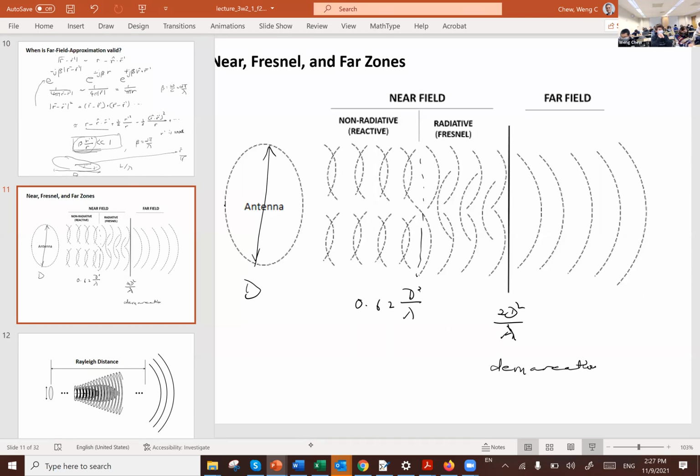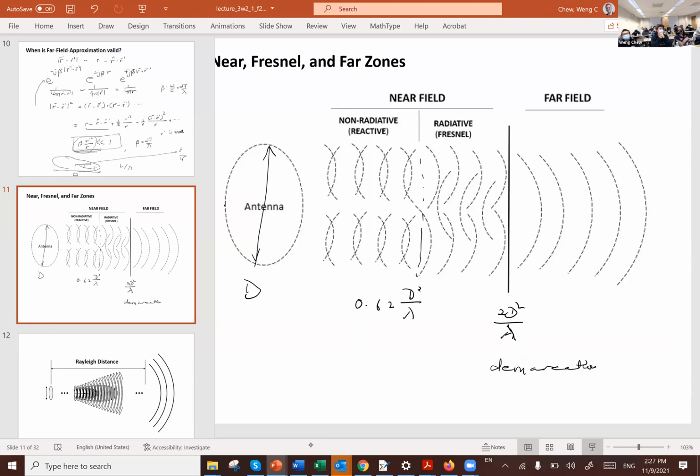How big is that compared to lambda? Of course, for a laser beam, the lambda is very, very small. So you have to go quite far before you get to the far field of the laser pointer. Most of the time, you're not in the far field.